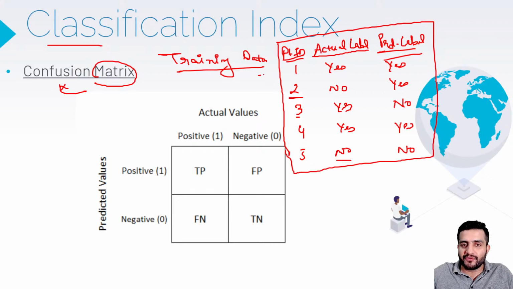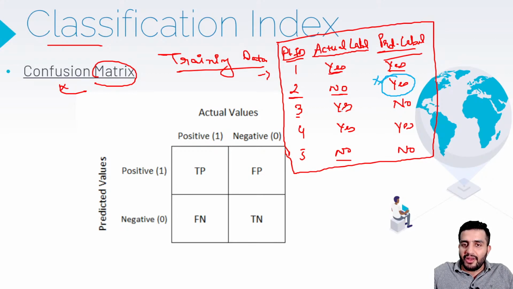For patient number 1, actually he was yes, and the learning process is also able to identify this as yes. Fair enough. But now can you see this? For patient ID 2, originally this patient did not have the disease, but my model identified yes. This is wrong.